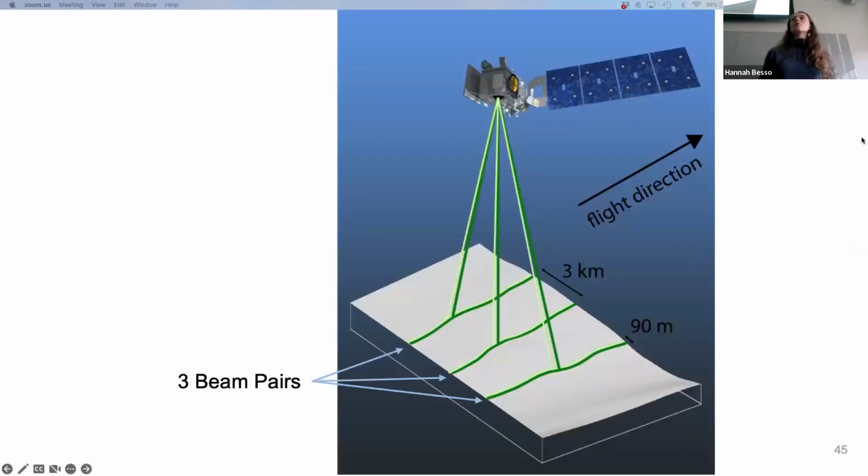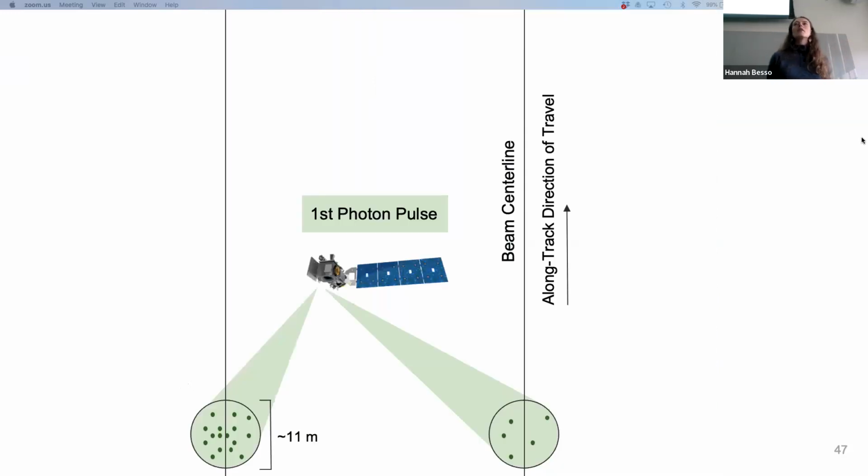To dive into how ICESat-2 works in more detail, this is an illustration of the satellite with the 6-beam LiDAR that are arranged into 3 beam pairs. Now we'll zoom in on one beam pair to learn about how ICESat-2 works. As the satellite orbits the Earth, it sends out pulses of photons.